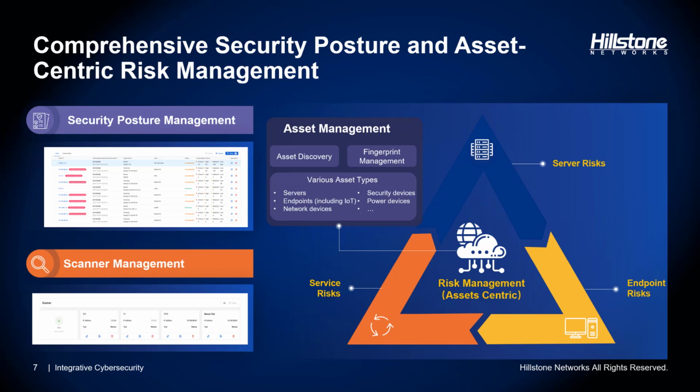This helps your team focus on what truly matters, the core assets that affect your business applications. And because it supports everything from endpoints and servers to IoT and power devices, it can work across a full spectrum of enterprise environments.